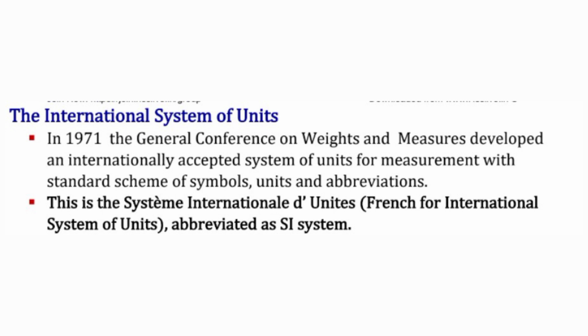So this is called the International System of Units, that is the System International, that is SI system. This is the most important system and we are following the SI system nowadays. It is very easy to understand the SI system, and whenever we are doing calculations and all, we will follow the SI system.